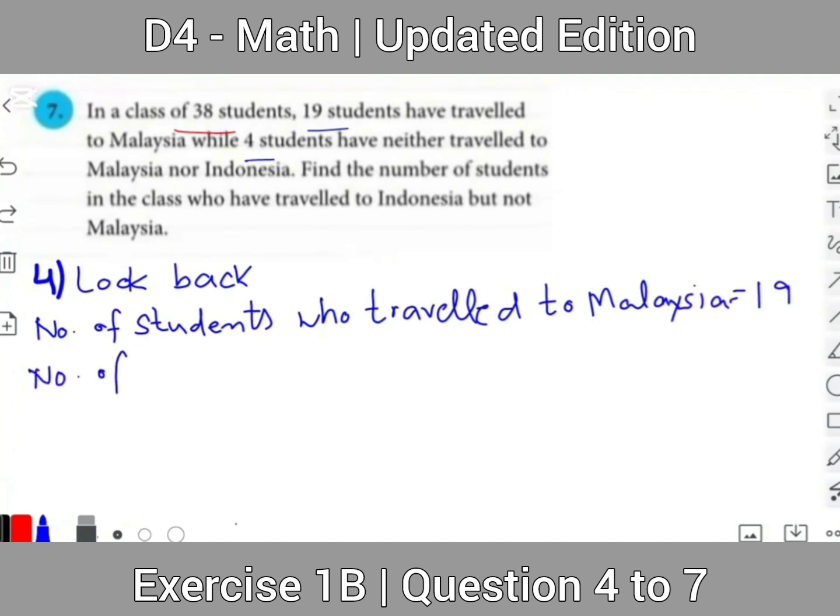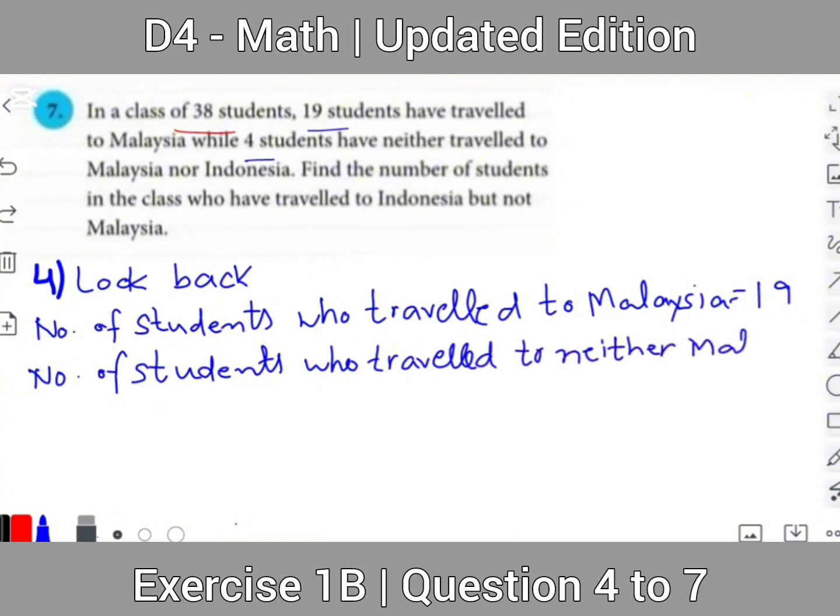Number of students who traveled to neither Malaysia nor Indonesia is equal to 4.